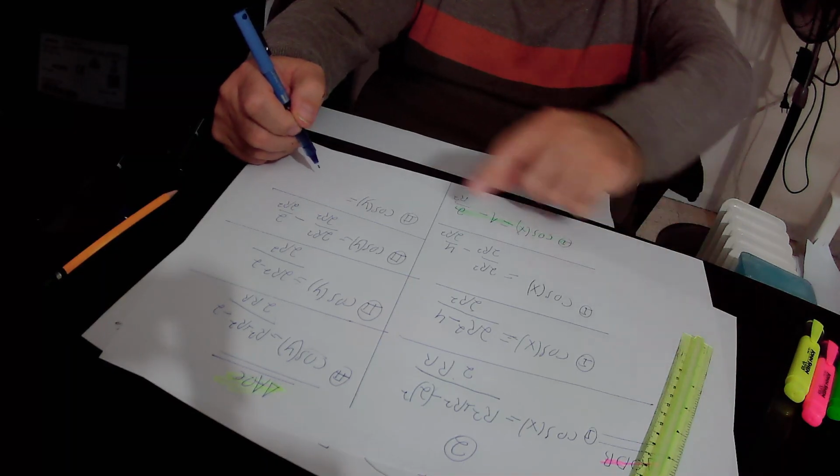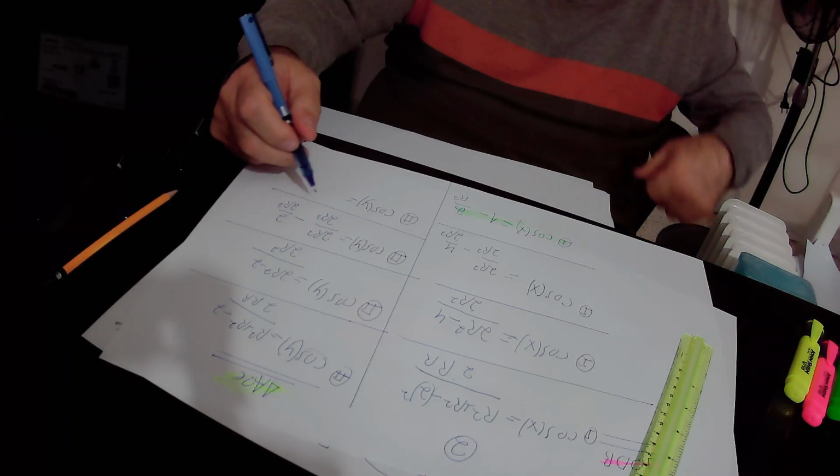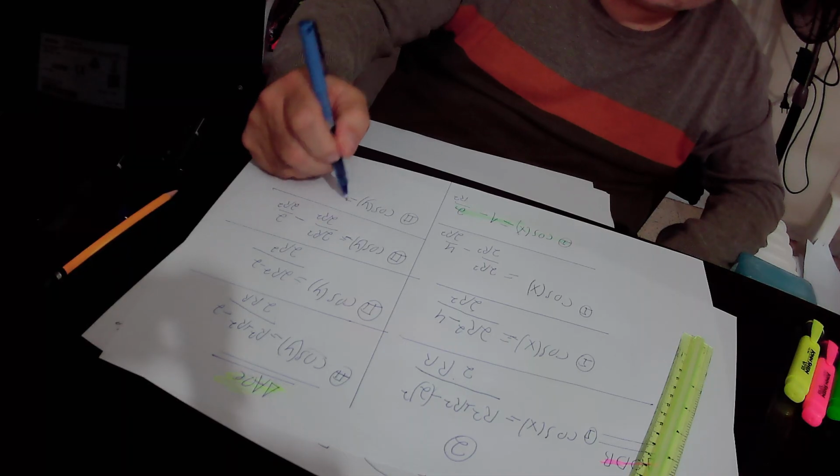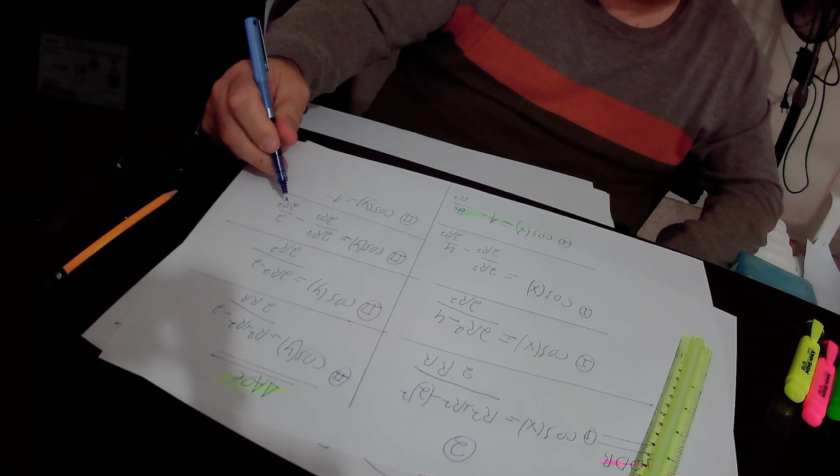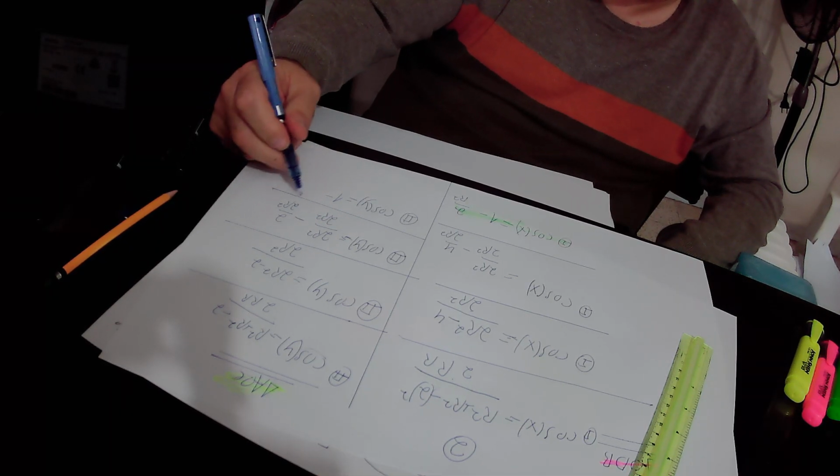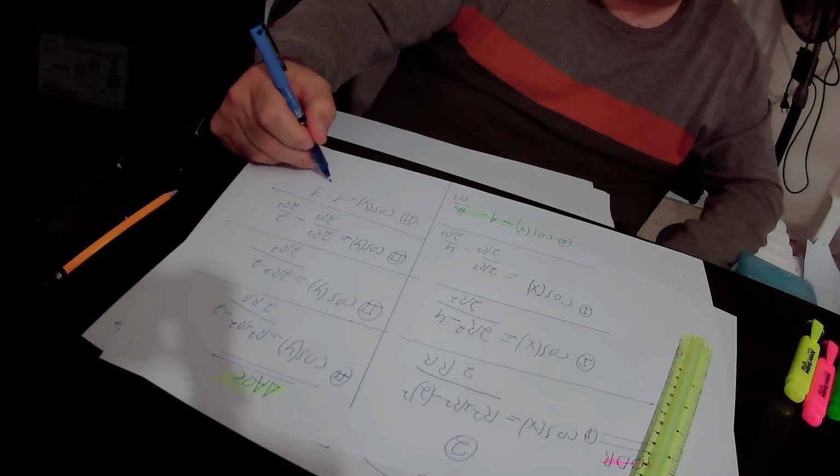So cosine y equals 2r squared over 2r squared is 1, minus 2 over 2 is 1, so in the numerator we have 1 over r squared.